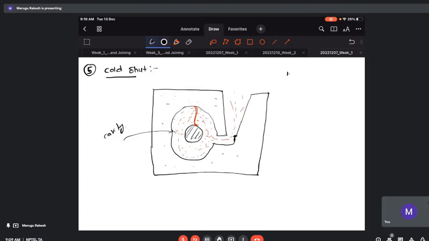That is the permeability. The second one is the low pouring temperature. The third one is the low fluidity of the metal.